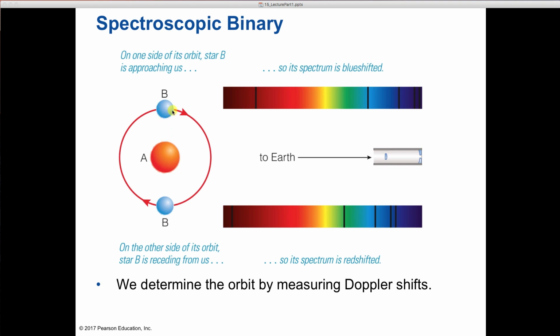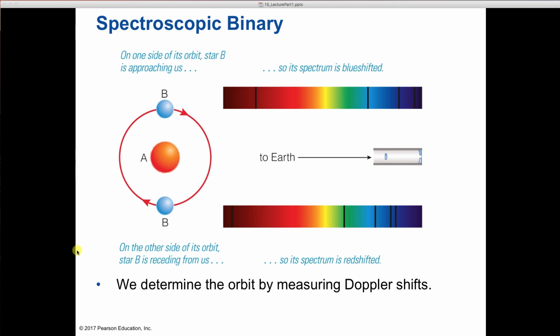And what we notice over time is that as the star orbits around and at one point is traveling away from us, those same spectral lines, the whole pattern in fact, shift to the left, toward the red part of the spectrum. So it goes from being blue shifted while the star is traveling toward us to being red shifted while the star is traveling away from us. And the cycle continues. It just keeps repeating itself over and over again.